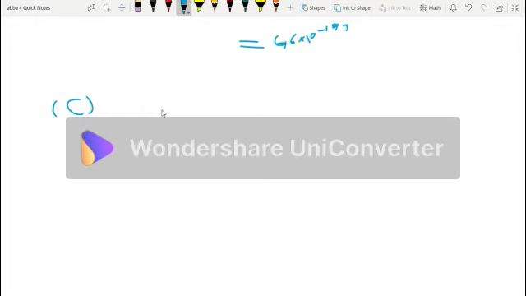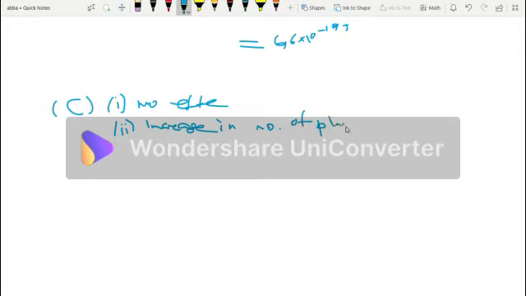As simple as that. There will be no effect for Roman figure 1. Now for Roman figure 2, increasing the intensity will increase the number of photoelectrons. So obviously there will be an increase in the number of photoelectrons.